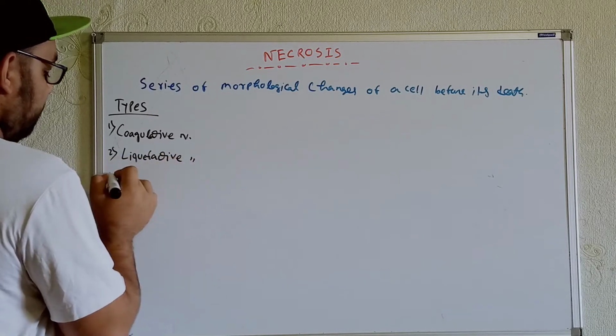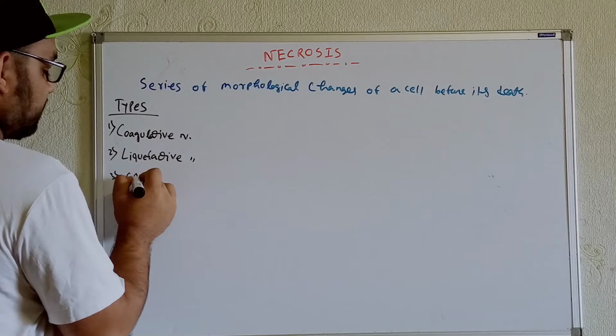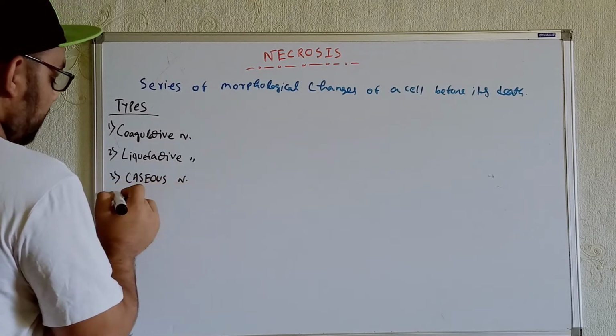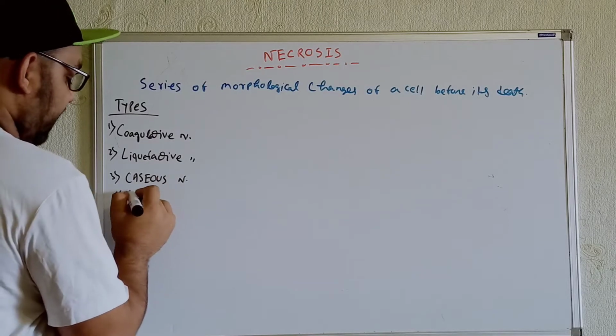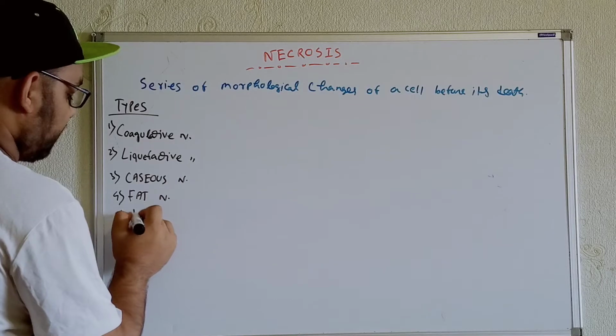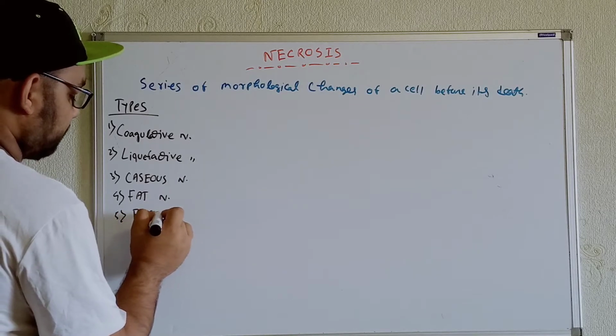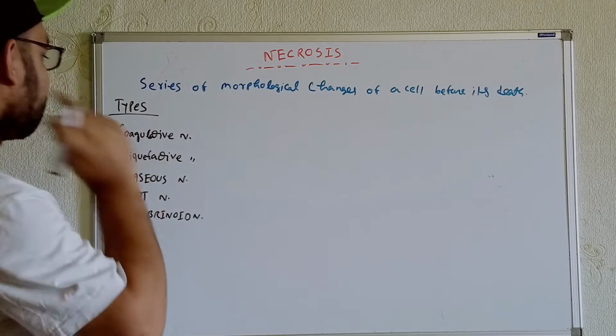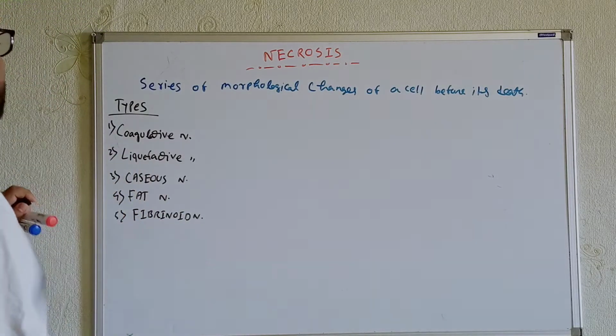Then gaseous necrosis. Then fat necrosis, and fibrinoid necrosis. Now we'll talk about each of these types of necrosis in detail.